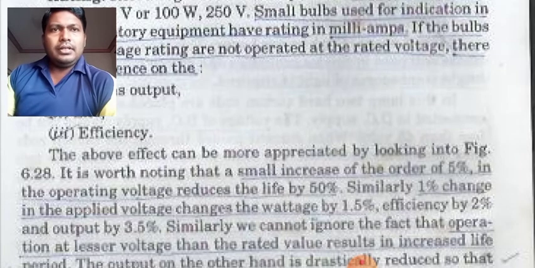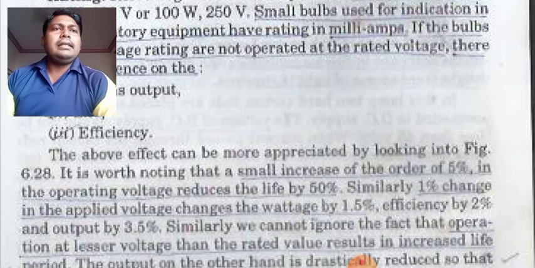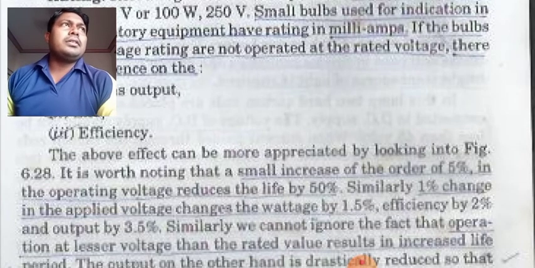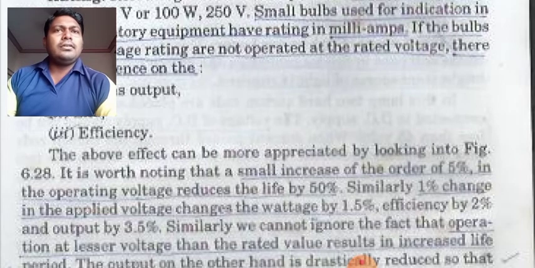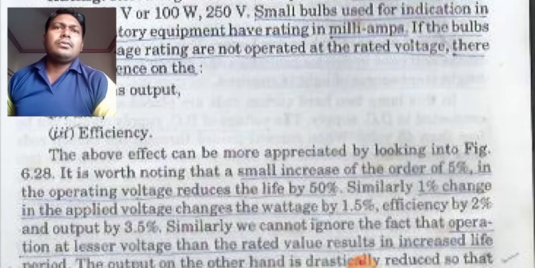It is worth noting that a small increase in the order of 5% in the operating voltage reduces the life by 50%. Suppose you increase the voltage by 5%. Let us assume the voltage is 200 volt. What is 5% of this voltage? It is around 10 volts, right? So the 5% rise is 210 volt.